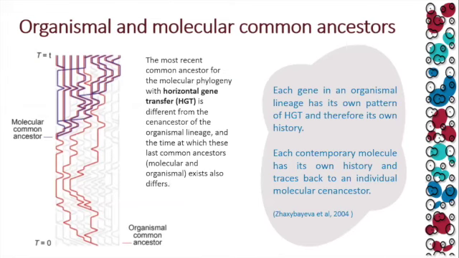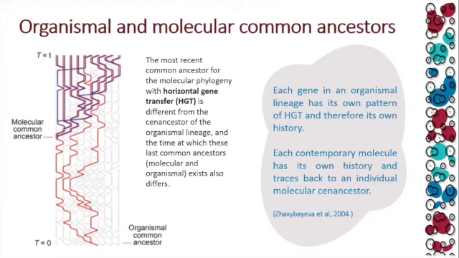Organismal and molecular common ancestors are consequences of the pattern of evolutionary history and the methods used to analyze it. The presence of HGT, or horizontal gene transfer, makes it difficult to trace organismal phylogeny, and using single genes as phylogenetic markers is insufficient to reconstruct evolutionary history.